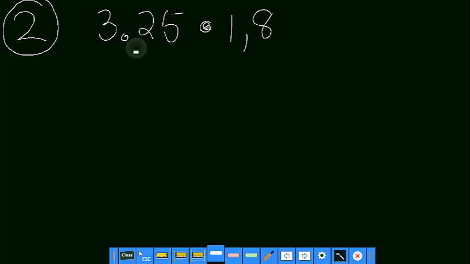We'll make this 3.25 as 325, and your 1.8 as simply 18. We'll just put that here again because we're multiplying that.